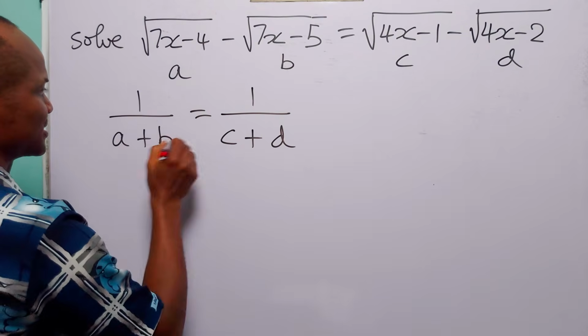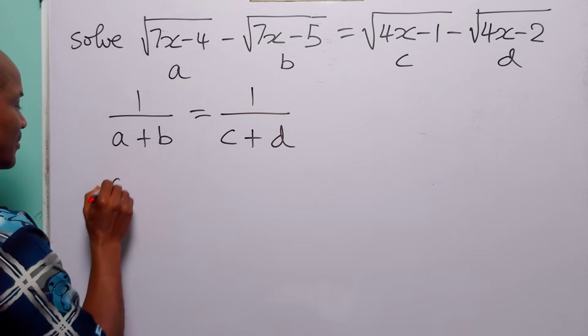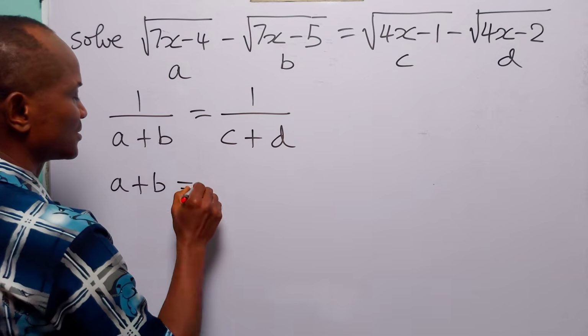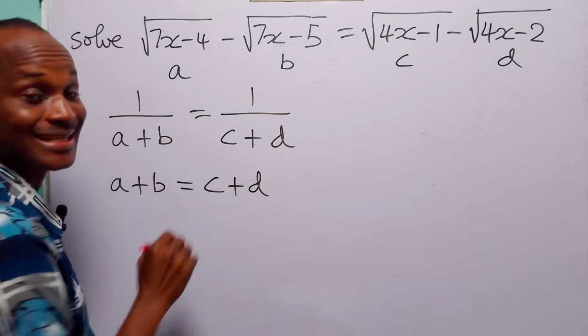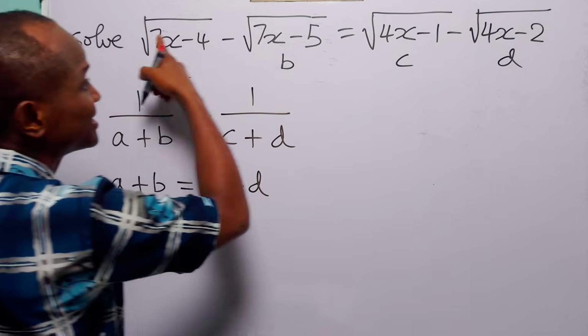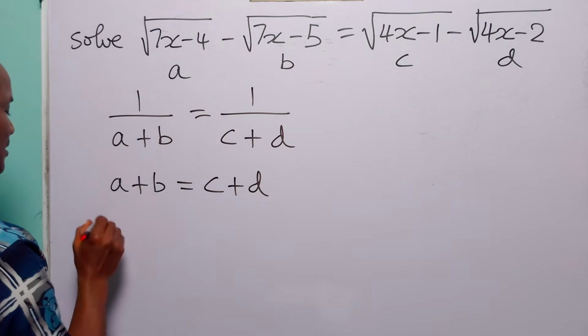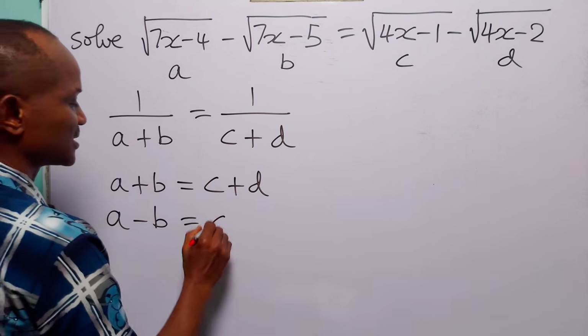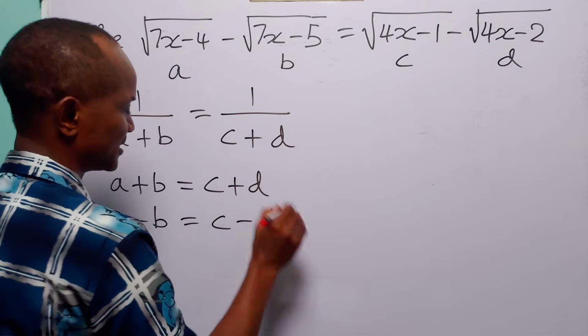Now, when we cross multiply, we have that a plus b is equal to c plus d. But now, from the original equation, we have that a minus b is equal to c minus d.